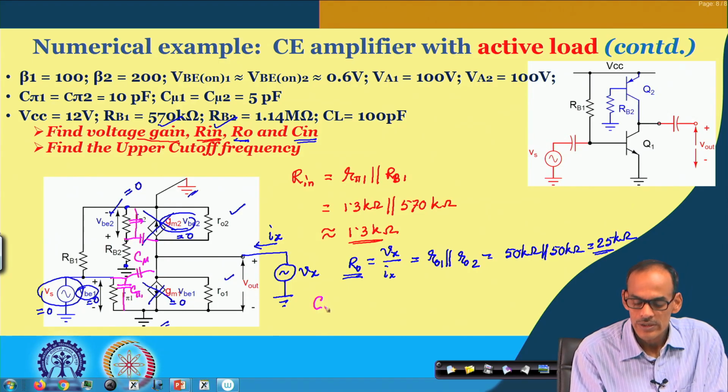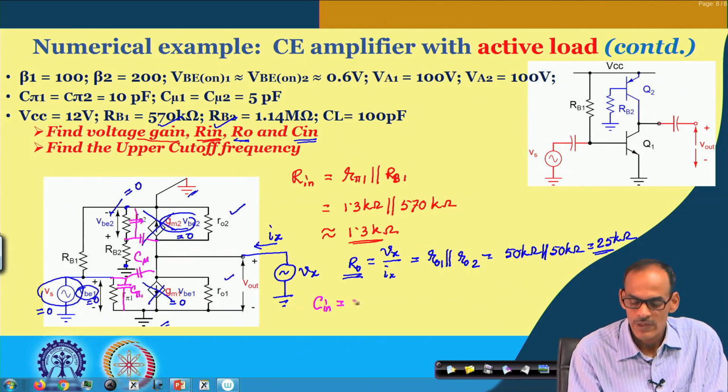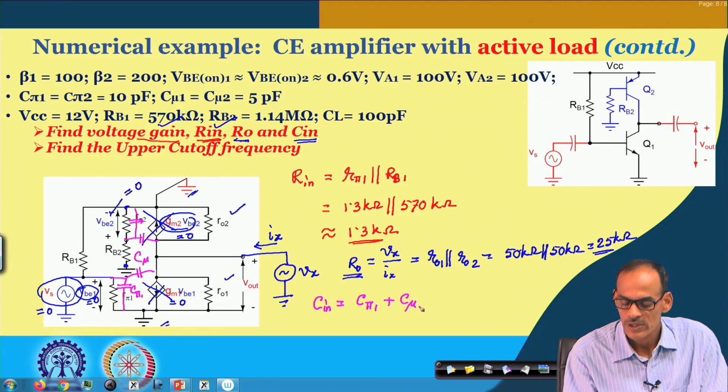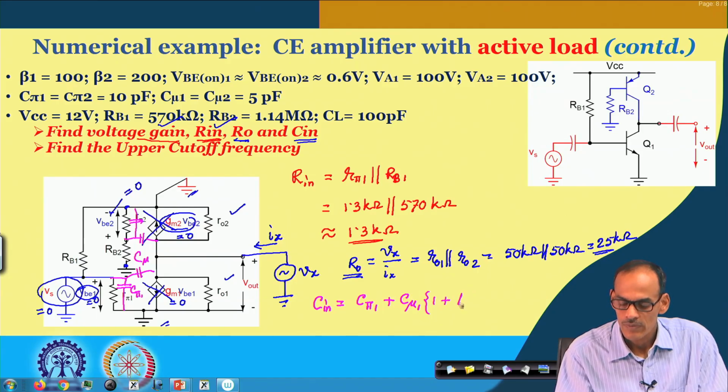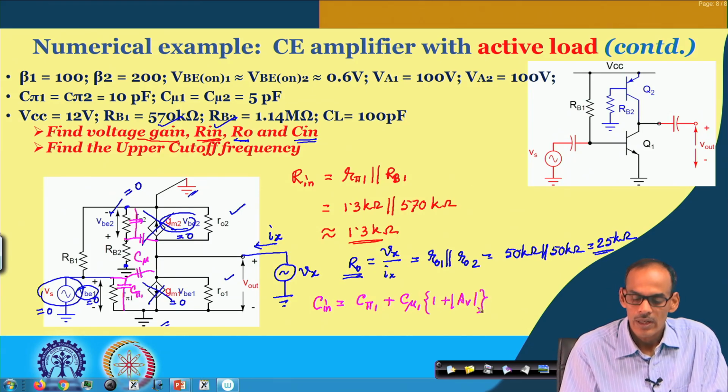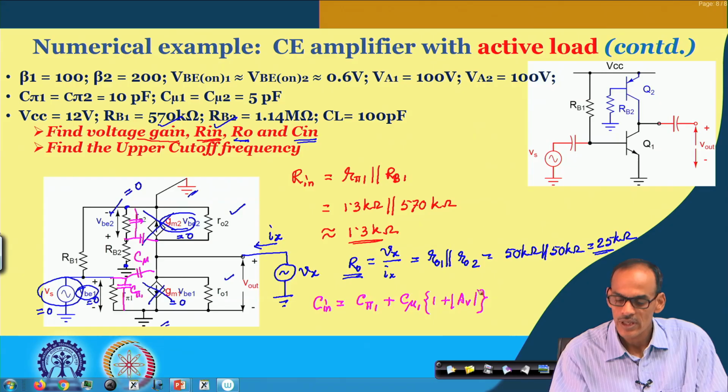And you may recall that Cin is C pi as is, plus C mu of transistor 1 multiplied by 1 plus the voltage gain magnitude of the circuit, and this one we already have calculated.